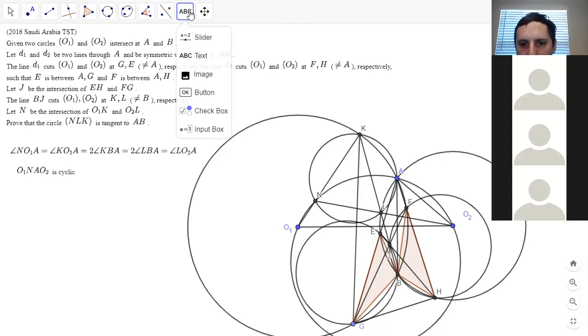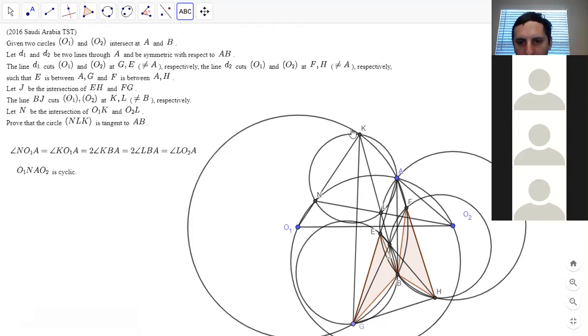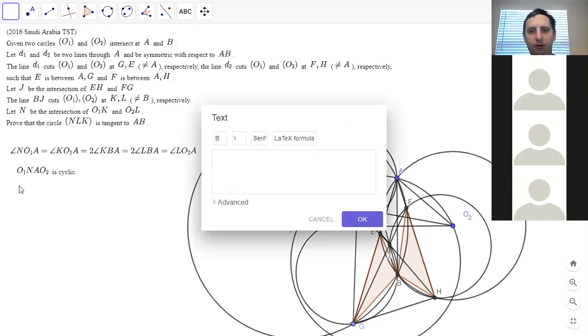Then we also know that O1KA is equal to LAO2. Okay. Basically, because of the isosceles triangles. Because O1KA is equal to O1AK, which is LAO2. Okay, because these are both isosceles triangles. So O1KA and O2AL are isosceles.